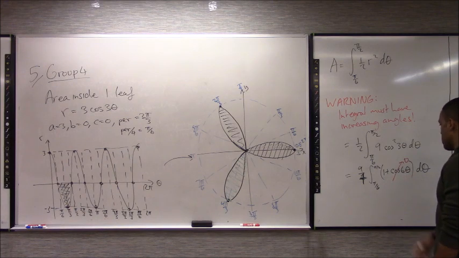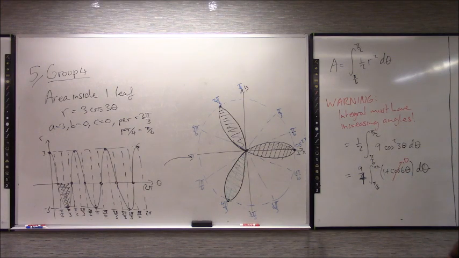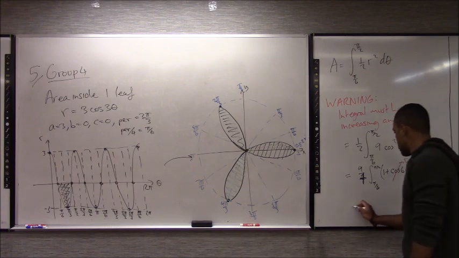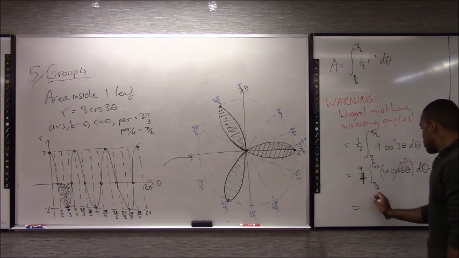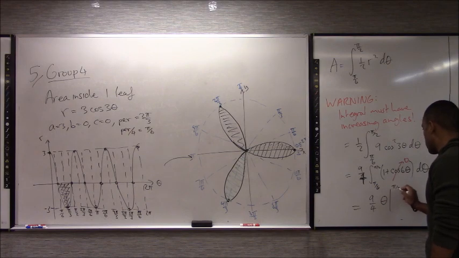But of course, it's not too much trouble to actually integrate that and get 1/6 sine of 6 theta. Then when you plug this in, you get sine of pi, which is 0, and sine of 3 pi, which is 0 respectively. But other than that, you integrate the constant, you get just 9 over 4 theta between pi over 2 and pi over 6.